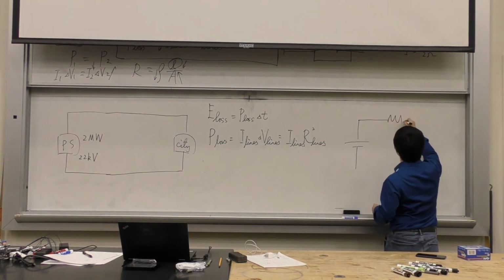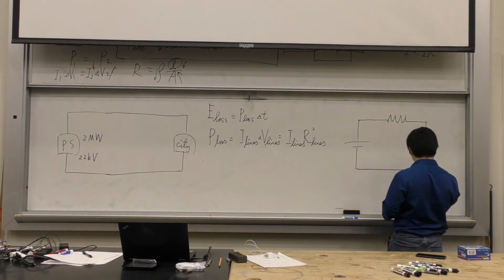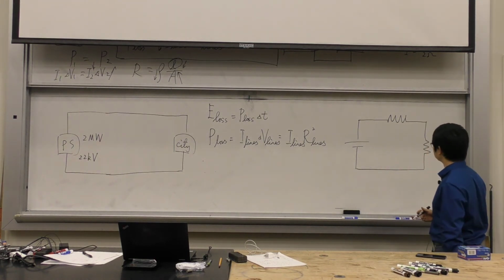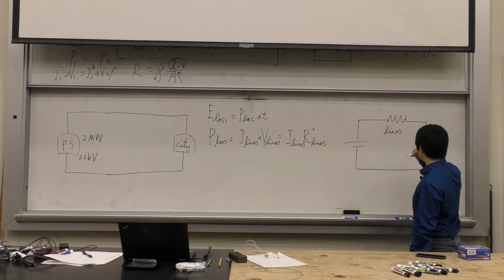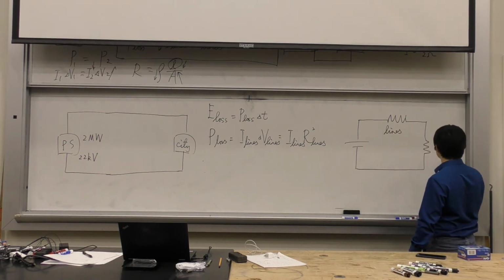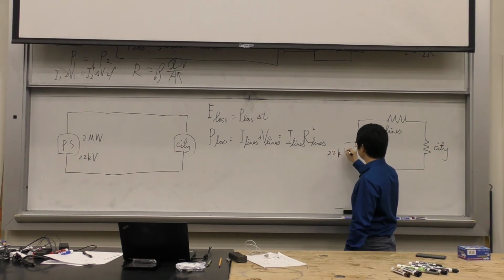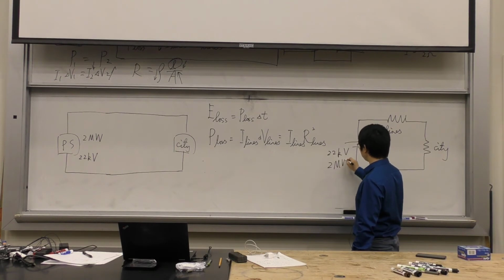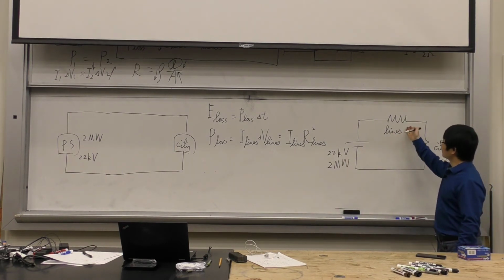Then it's easy for you to see how the currents, voltages, and everything connected. So this is the lines. So I'm going to use this resistor to represent the lines, this resistor to represent the city. And this has 22 kilovolts. It wants to deliver 2 megawatts to the city. But the lines, it's here.